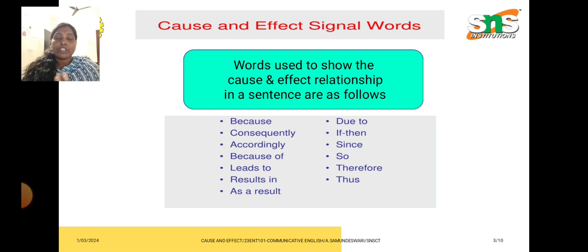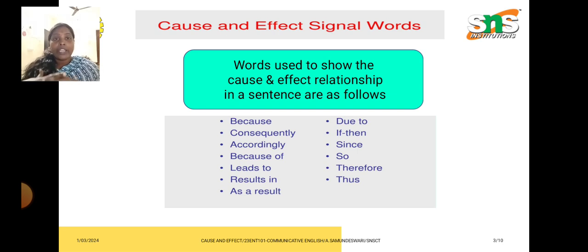Next we are going to see what expressions can be used to show the connection between two sentences by using these cause and effect expressions. You can use words such as since, because of, as a result, therefore, then, so, thus, due to, hence, and these are all words that can be used to connect two sentences.